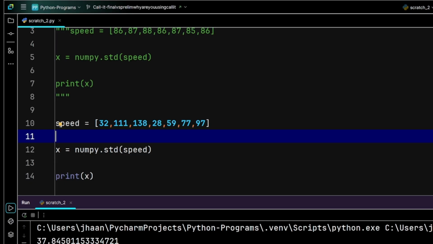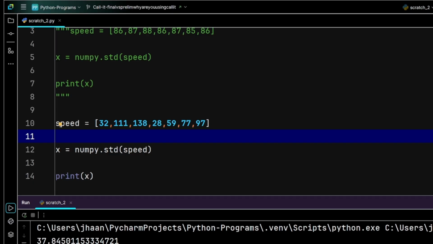So it returns how much difference there is between the mean of all the numbers in the array and the actual numbers. That's basically standard deviation, an approximation.